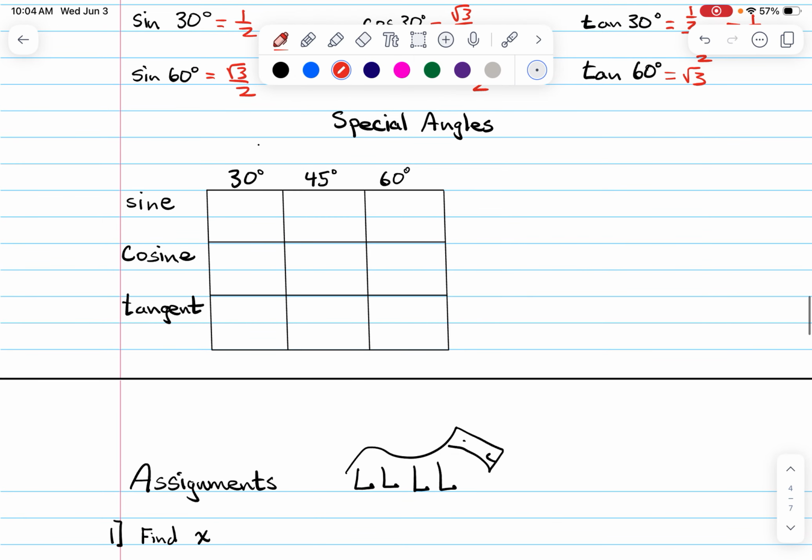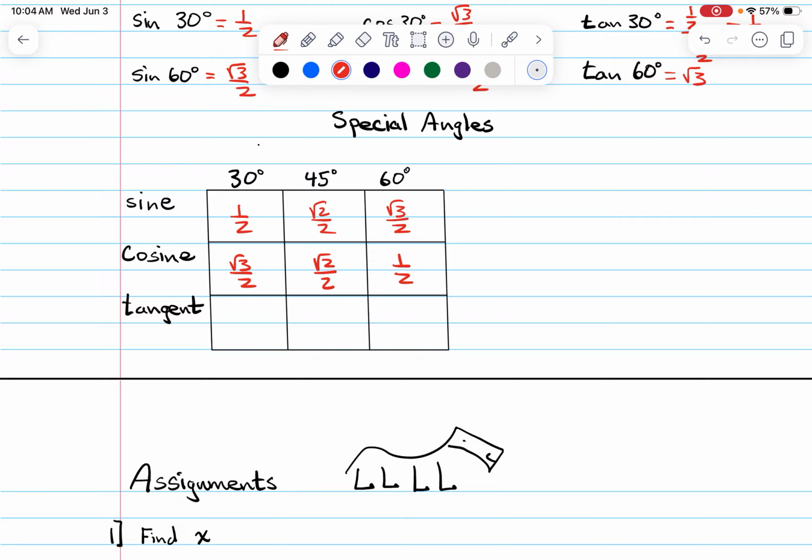So here's some things to remember. The sine of 30 degrees, 1/2. The sine of 45 degrees, square root of 2 over 2. The sine of 60, square root of 3 over 2. Cosine of 30 degrees, square root of 3 over 2. Square root of 2 over 2 for 45. And for 60, 1/2.